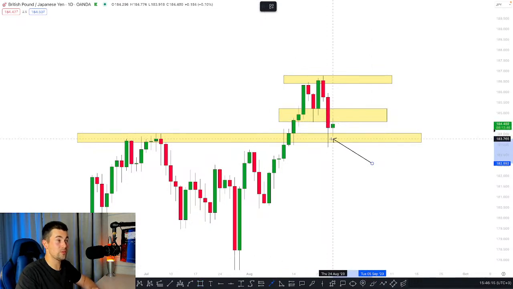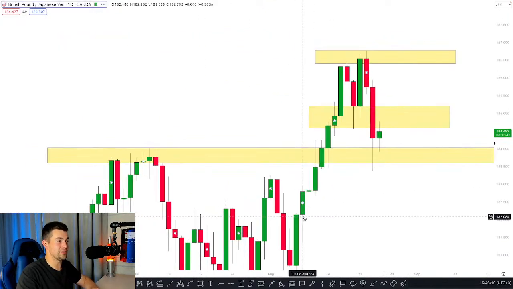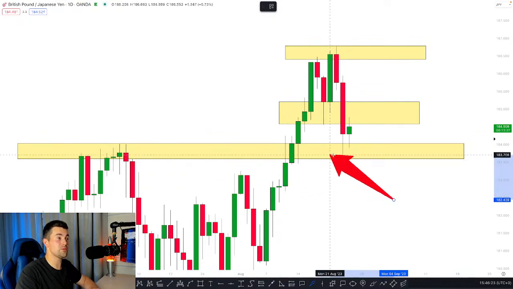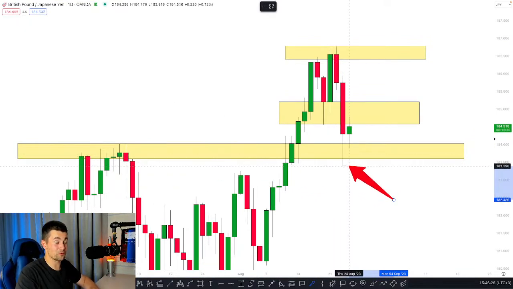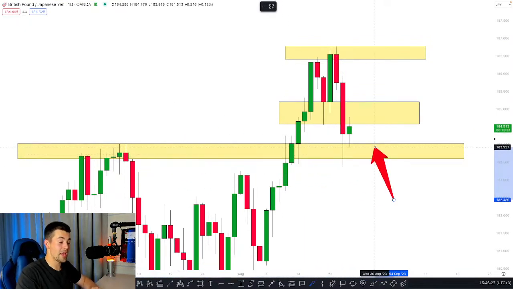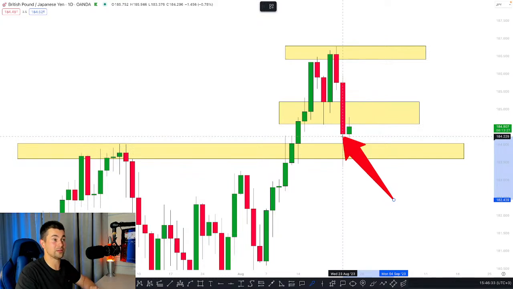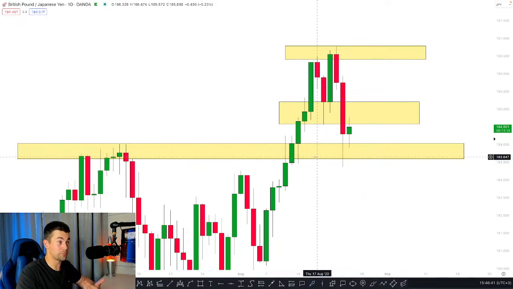And then the support of the range was broken to the downside. However, the problem with pound yen is that after the breakout, the price perfectly respected that horizontal support. You can see that here we got a very important support cluster, and that support cluster was respected. And moreover, from that, we were rejected. We formed the rejection right here.